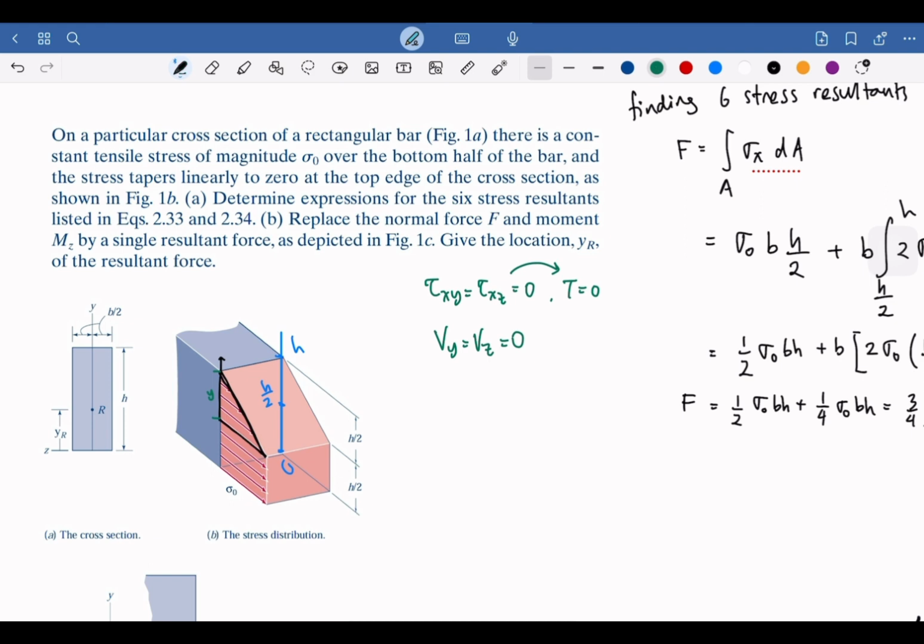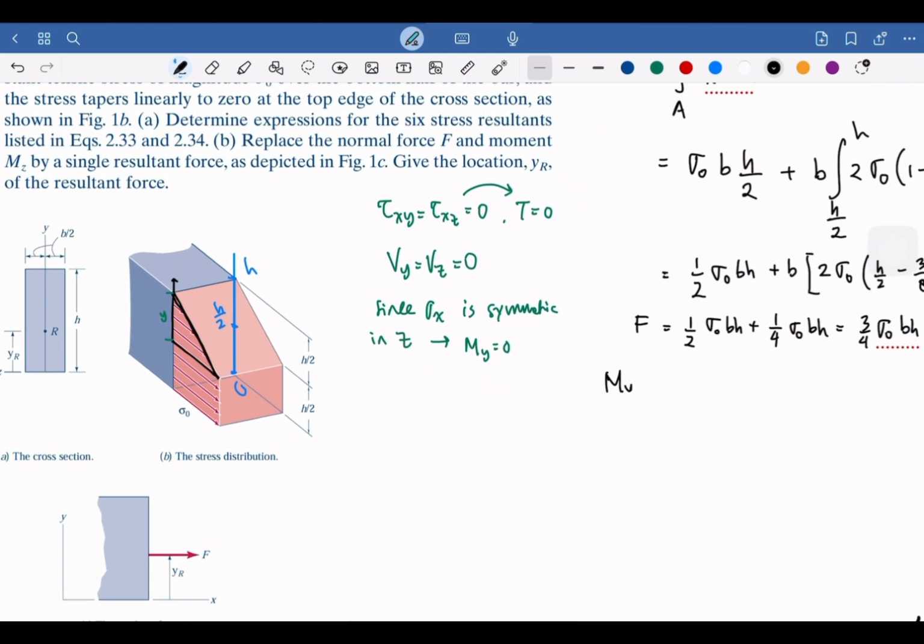So then we can only calculate the M, and since the sigma is symmetric in z, then this will also be 0. So this will be My, that is 0.